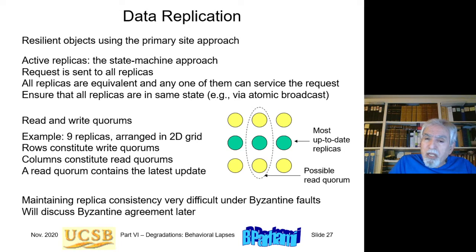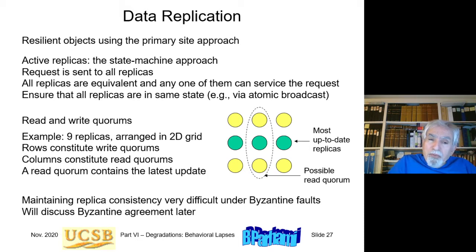I've logically arranged the 9 copies into a 3 by 3 matrix. This is logical, okay? There's no physical distribution on a 2D array implied here. The 9 copies are on different sites. Logically, we group the 9 copies into 3 rows and 3 columns.